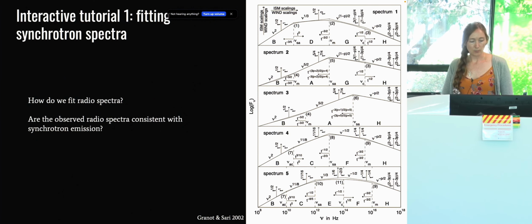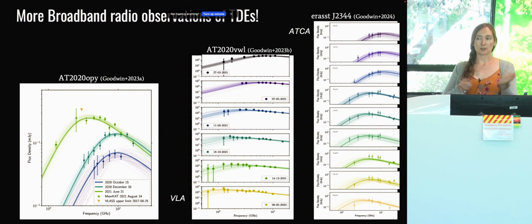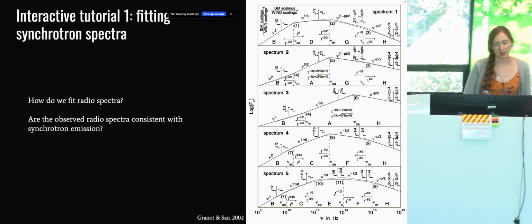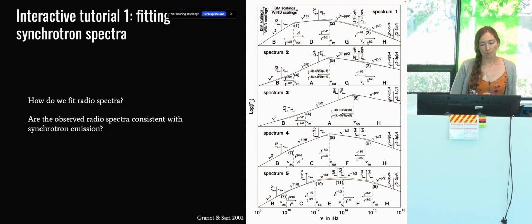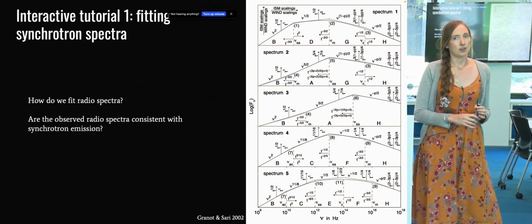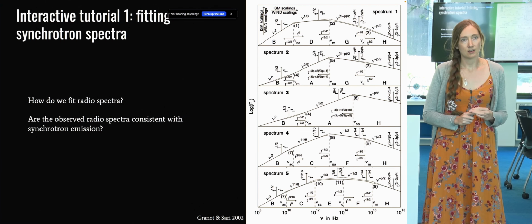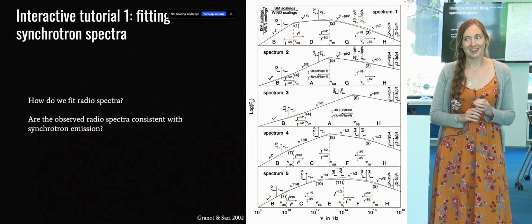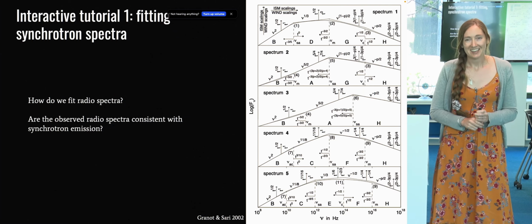Okay, so I think this is a good point to download the IPython notebook, and you can tell me if these spectra are consistent with synchrotron emission based on what we know synchrotron emission looks like. So yeah, this tutorial is very basic, I want to say. We're just fitting power laws.